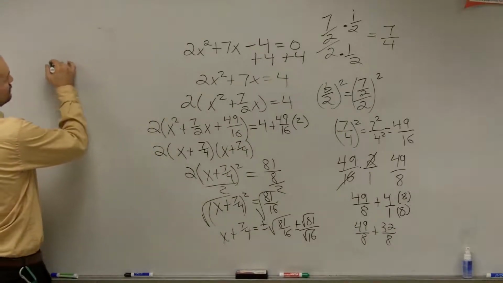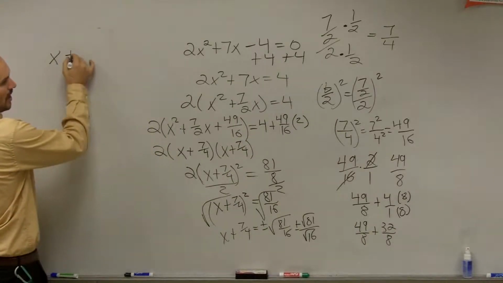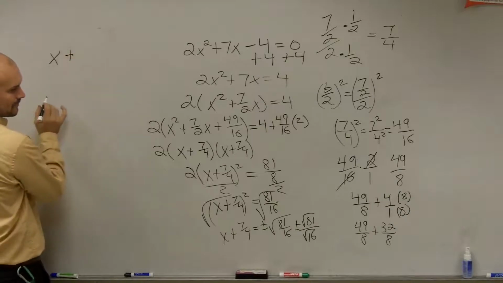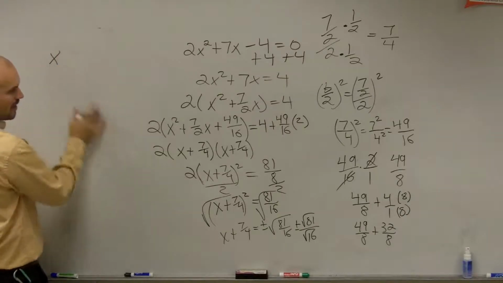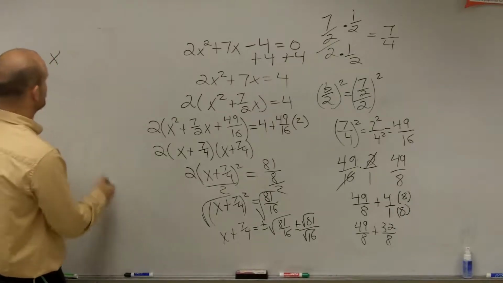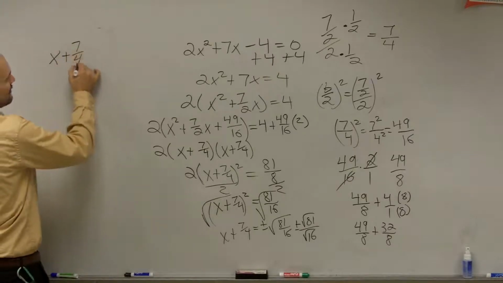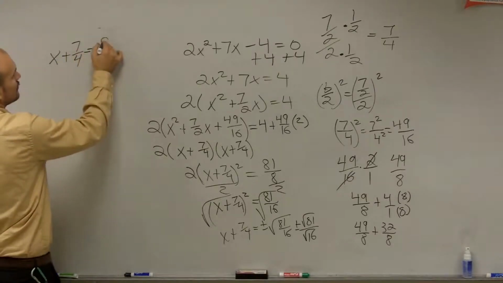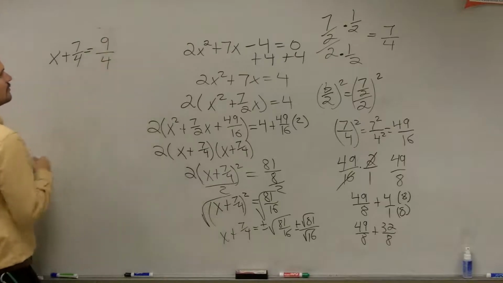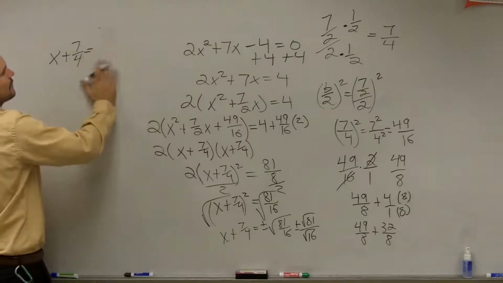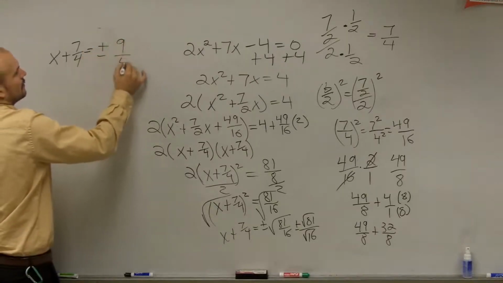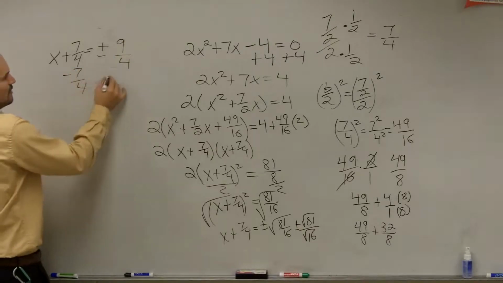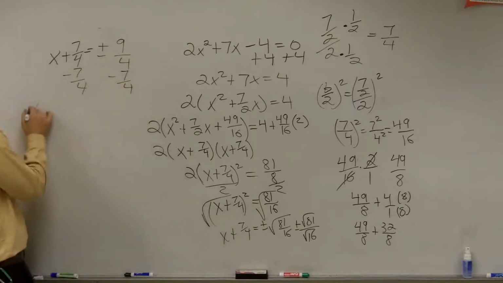So I could have x plus, oh, I already subtracted the 7/4, didn't I? Oh, no, I didn't. So I have x plus 7/4 equals 9 over 4, plus or minus. Then I subtract 7/4, and therefore I have two equations.